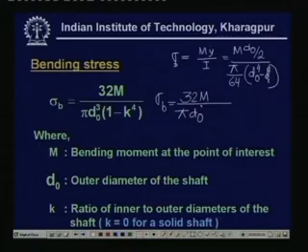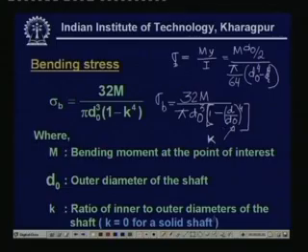I am writing d0 cube because one power of d0 gets cancelled with the d0 to the power 4, and you get 1 minus (di by d0) to the power 4, which we call small k.